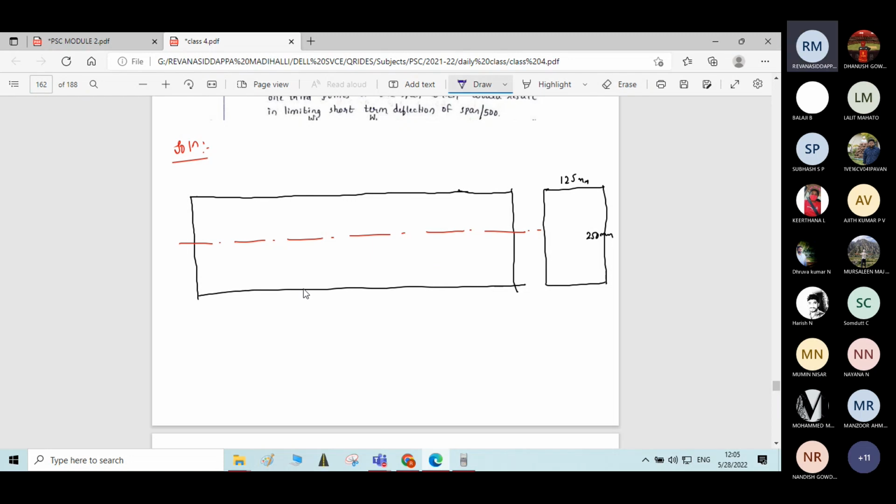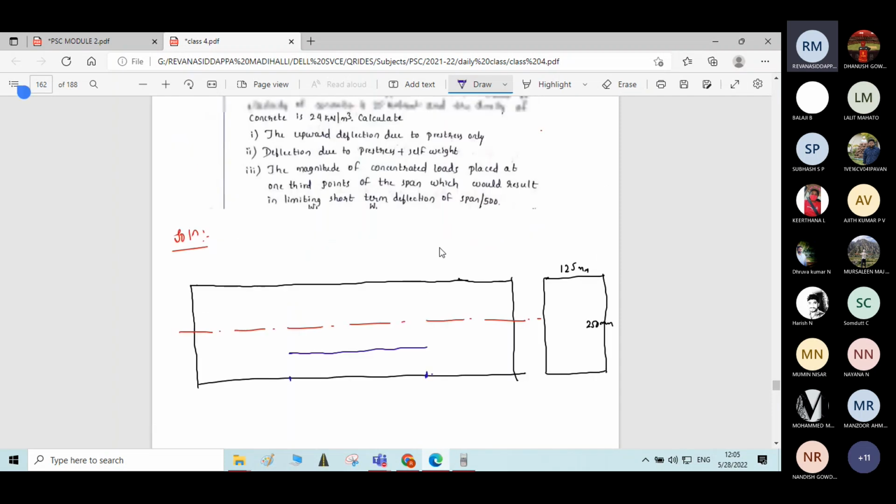I'll divide this whole figure into 3 parts. So for the middle third portion, the axis of the cable is parallel to the centroidal axis.